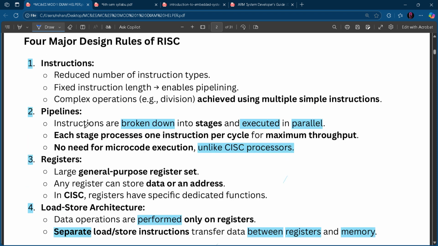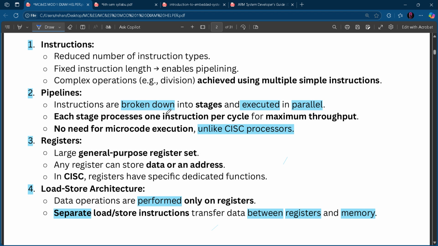Then talking about pipelines, it is nothing but the instructions being broken down into stages. You have to remember the word stages, okay, and executed in parallel. Let me do a 3 by 1. So see, as soon as the first stage is executed, another instruction which has 3 stages, its first stage will start executing.